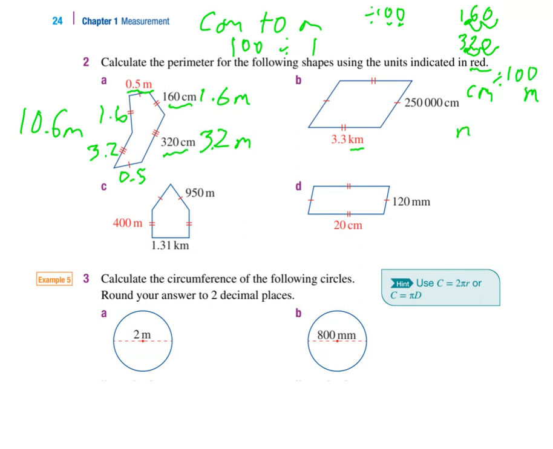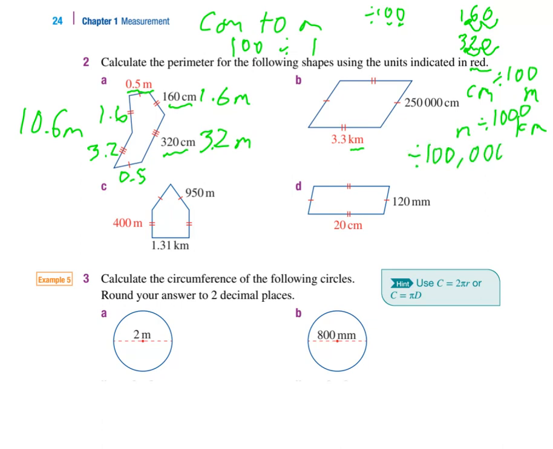Now to go from meters to kilometers, we will need to divide by 1,000 because there's 1,000 meters in a kilometer. So as we can see from the 100 and the 1,000, we'll actually need to divide by 100,000.